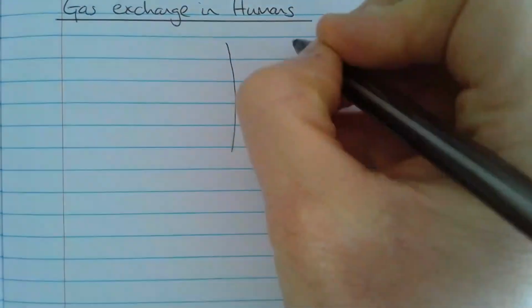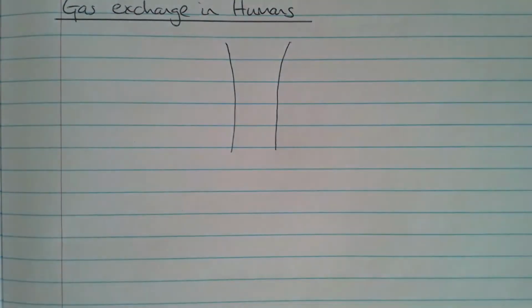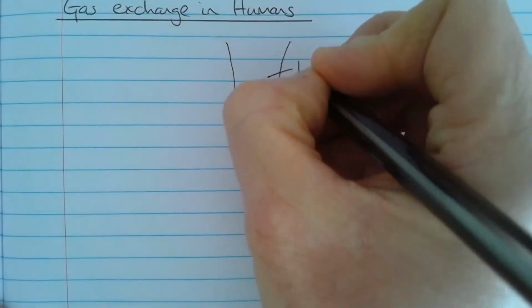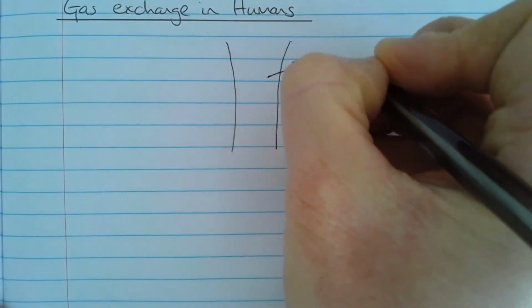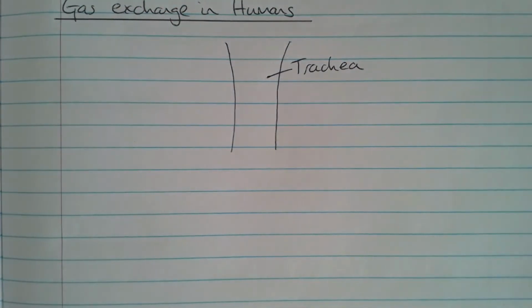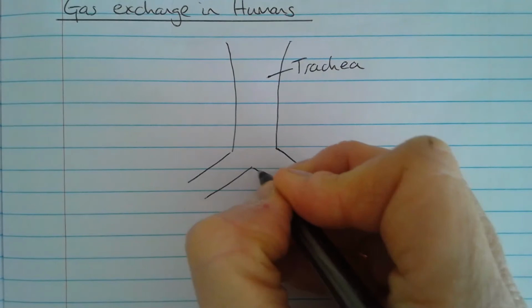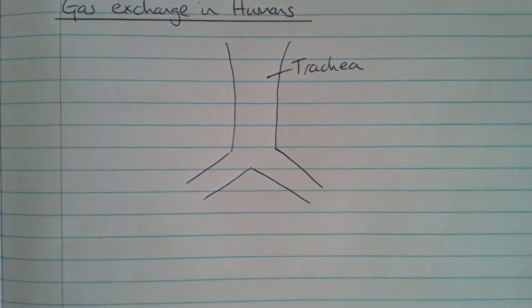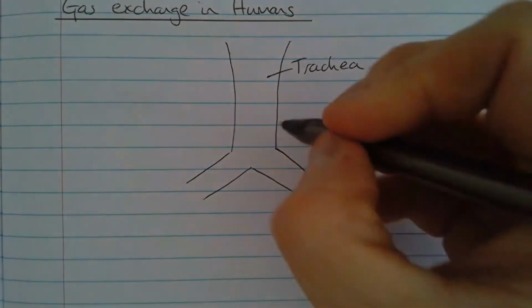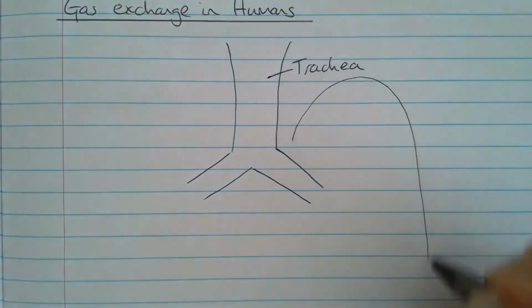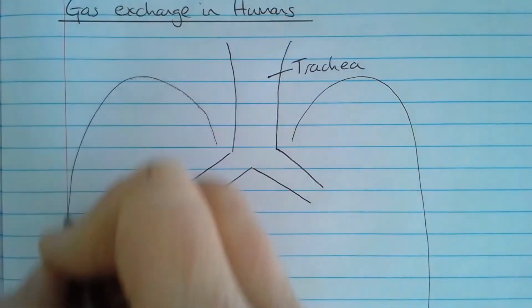So there is a large structure that takes air from the mouth, from the back of the throat to the lungs, and that structure is called the trachea. The trachea branches into 2 structures called the bronchus, and this happens inside the lungs.